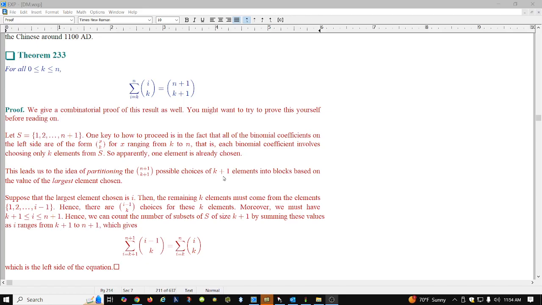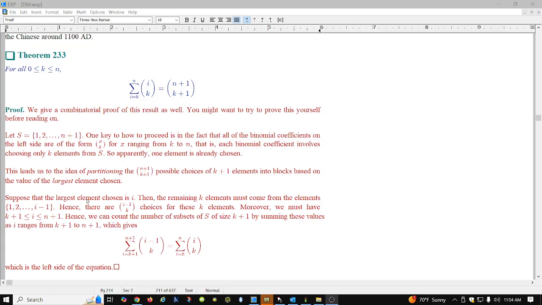And in this case, we'll divide the elements into blocks based on the value of the largest element chosen. We could work with a different element, but generally speaking, when you have a set, you're trying to break things down, you look for extreme elements, the smallest or the largest. Okay.